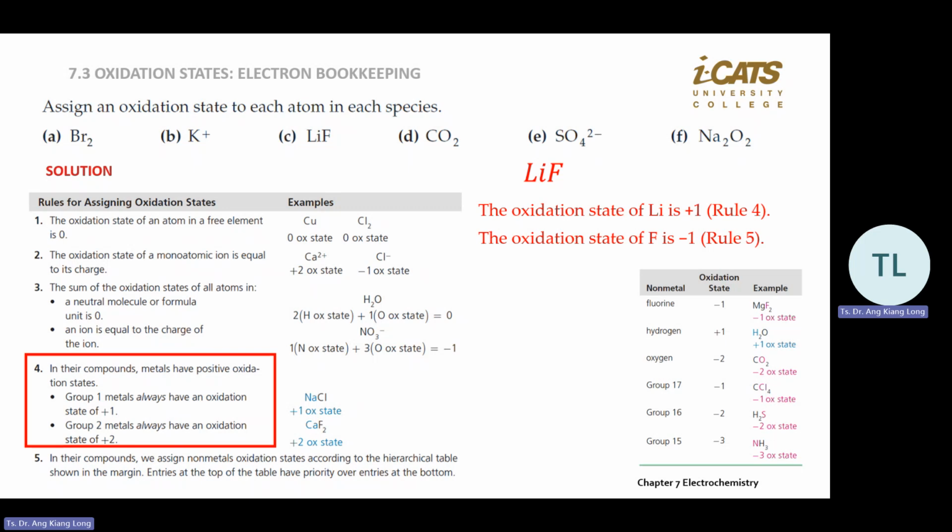Group 16, why -2? Same theory, or same concept. You have group 16, which means you have 6 electrons outside. You want to reach an octet. How do you do that? The easiest way is to pull 2 electrons in. So you put -2. Group 5 is also the same. You have 5 electrons outside.